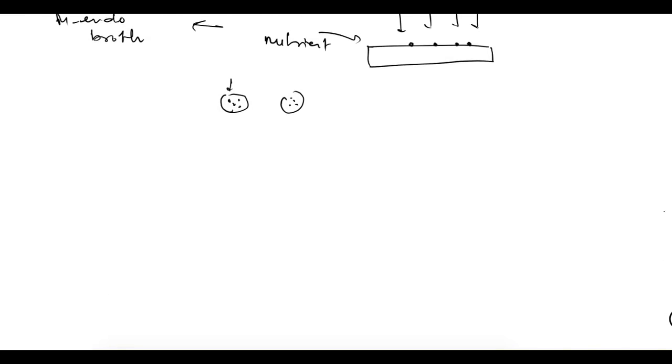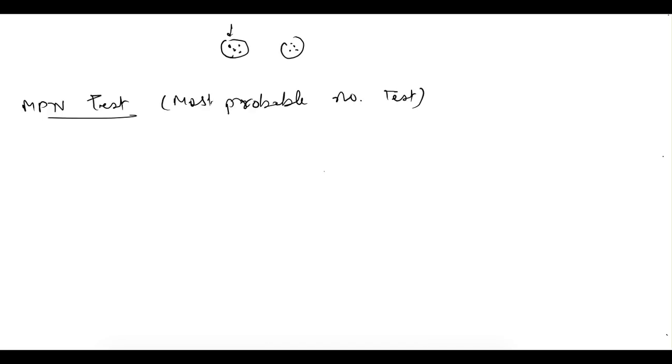This is enough for this one. We have to see in detail the MPN test, that is the most probable number test. This test is done in 3 stages. First, the presumptive test.